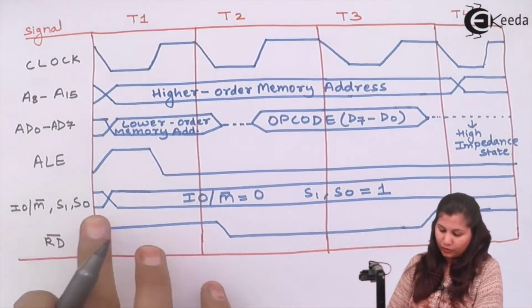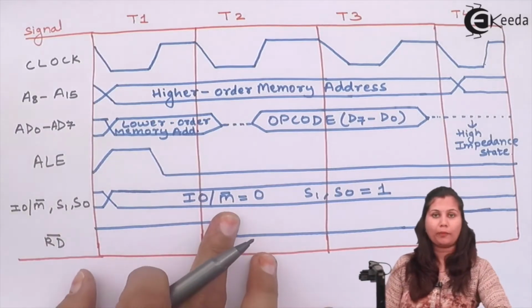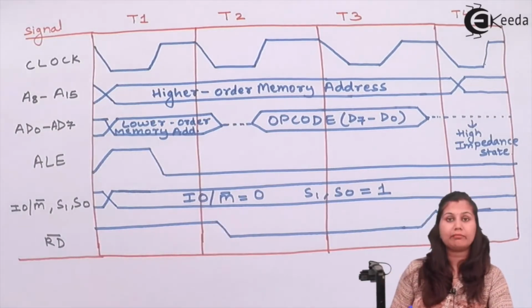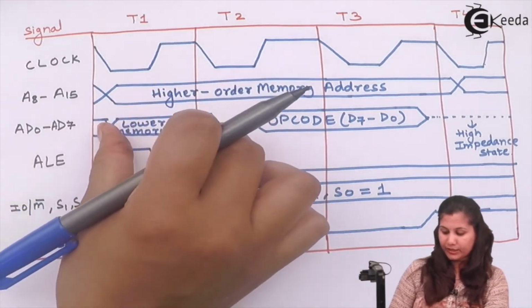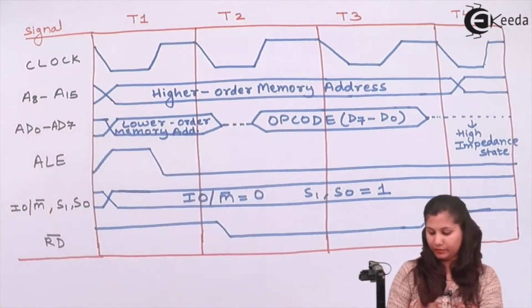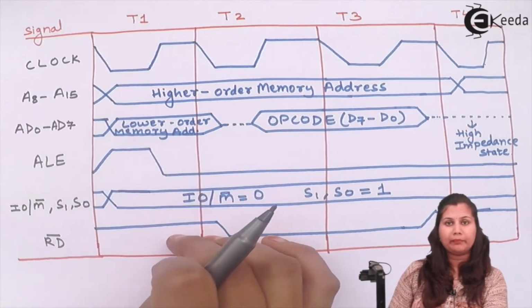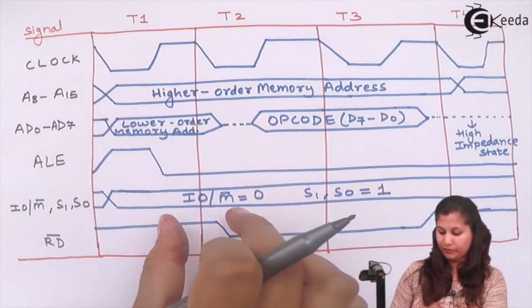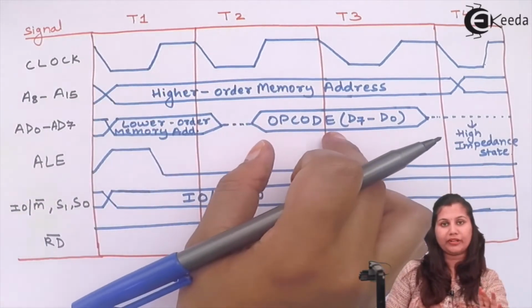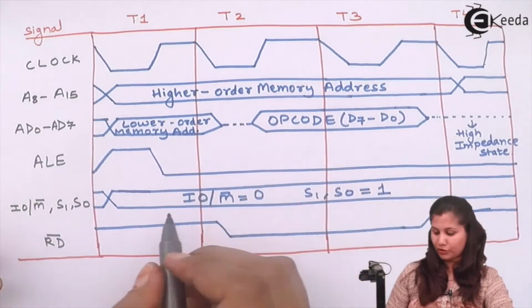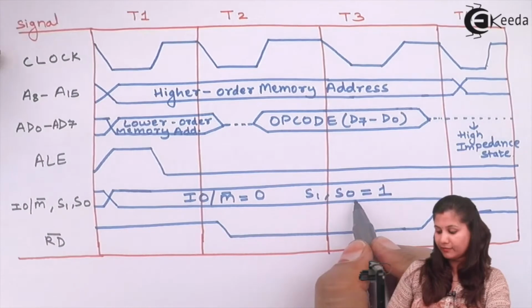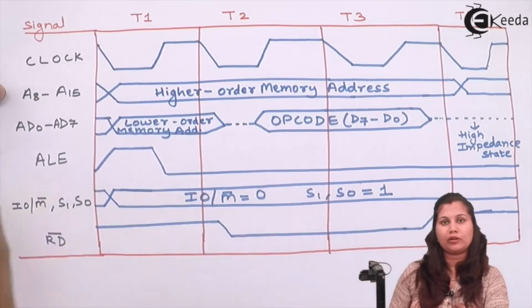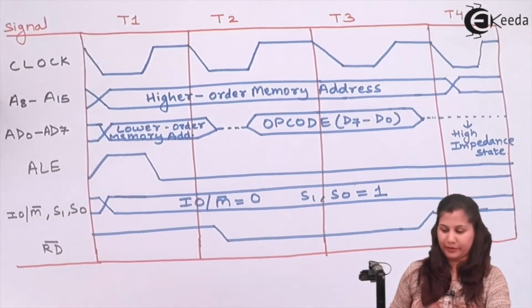This is low because this opcode fetch machine cycle is a memory operation. The opcode is being fetched from the memory location. So it's a memory operation. Its value will be 0, and S1 and S0 will be 1 because it is an opcode fetch operation.